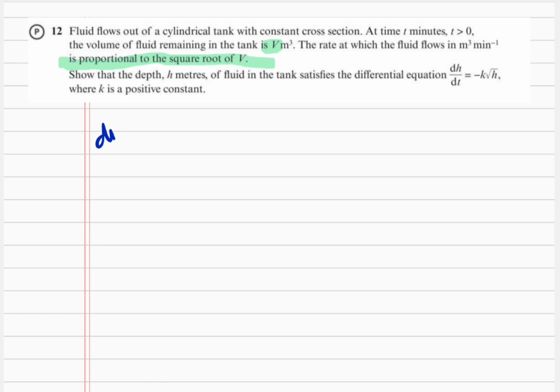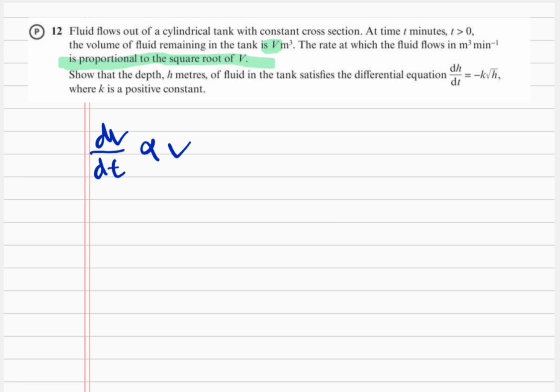So dV by dt is proportional to the square root of V, right? Because here it is saying that this rate of change is proportional to the square root of V.